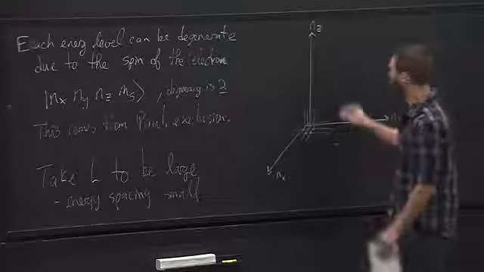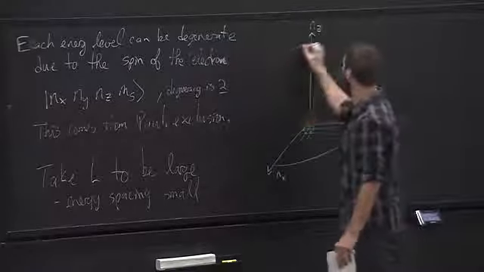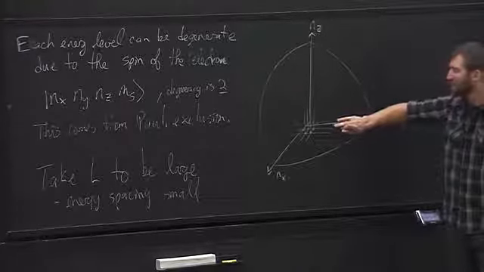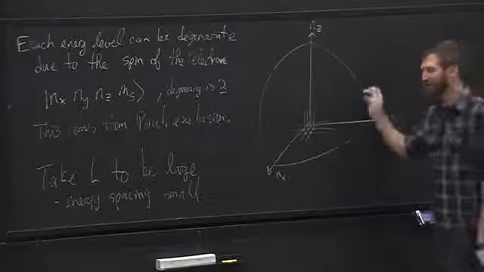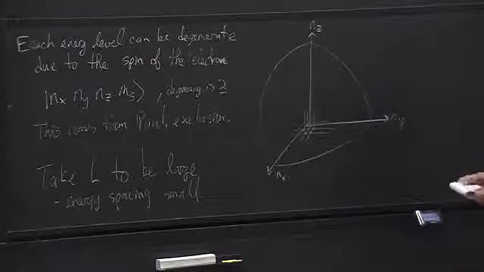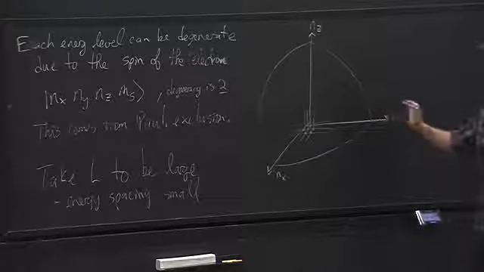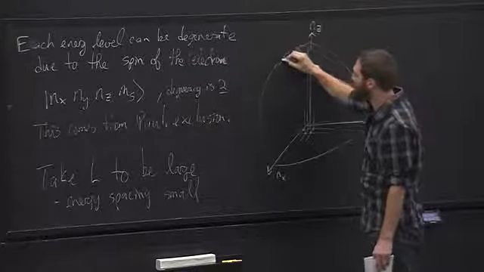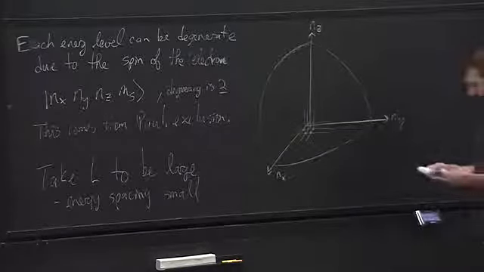Then I fill them out until they approximate the surface of a sphere, or one octant of the surface of a sphere. If my L is large enough, this approximation is pretty good. I get some sort of pixelization over the surface, but I can basically neglect that.